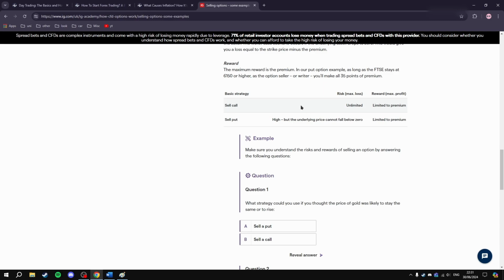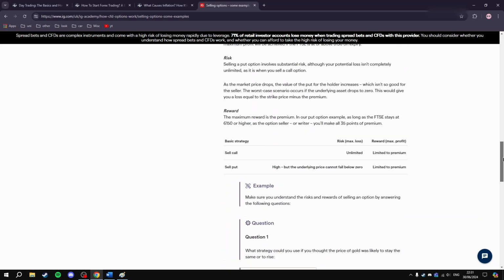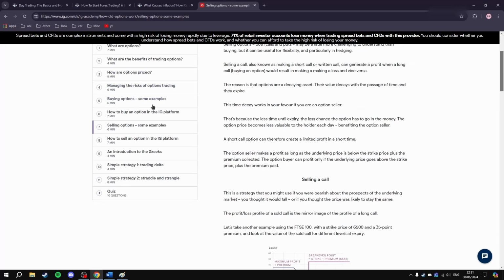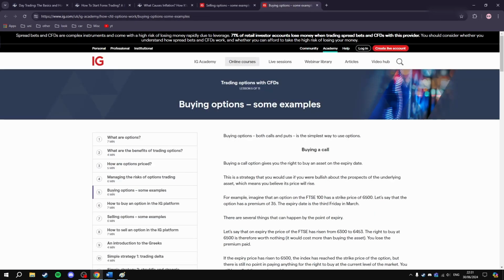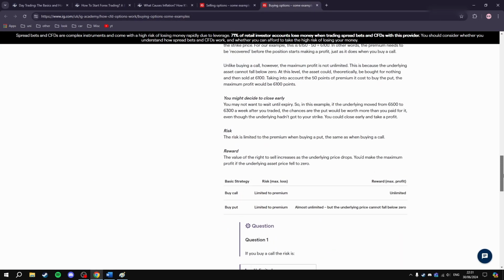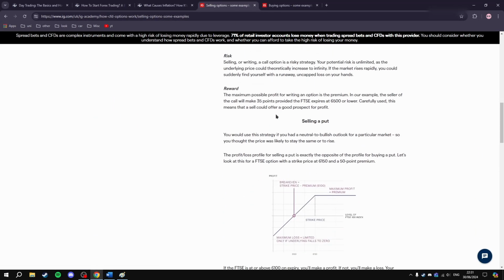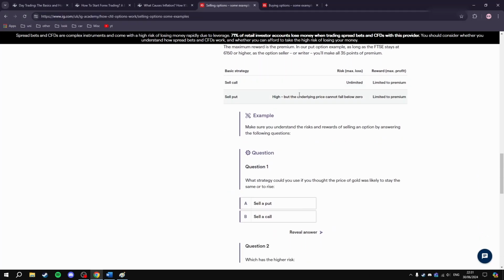So basic strategy: sell call, sell put. Risk: maximum loss unlimited for a call, high for a put but the underlying price cannot fall below 0. Reward: limited to premium. So we're comparing selling and buying call and put options.